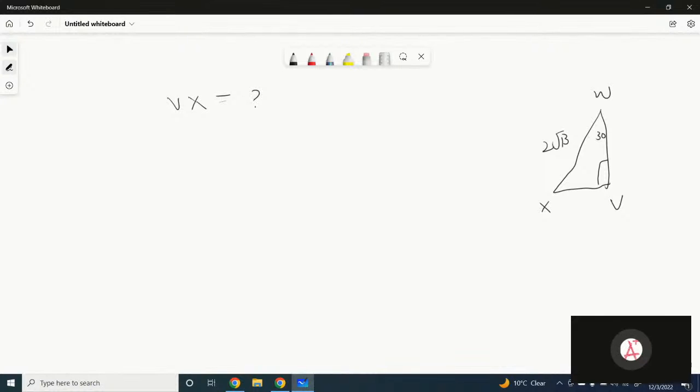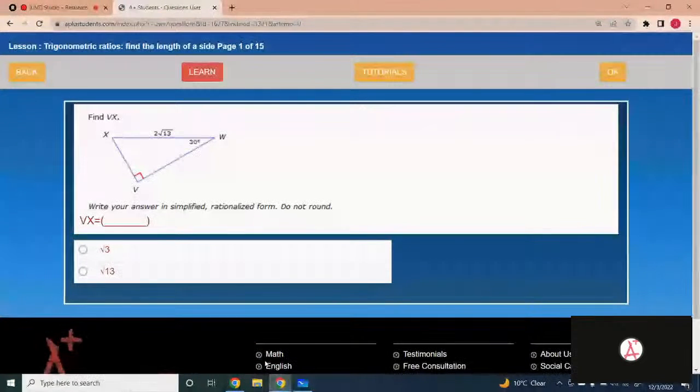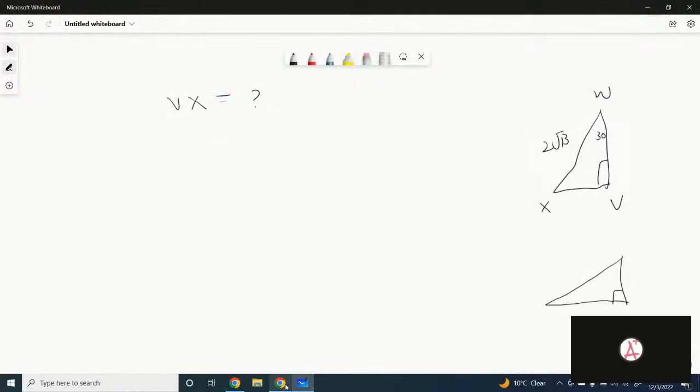Okay, let's start with the sine of 30 degrees. Let's make a special triangle. For the special triangle, here you have 30, then it would be 1 and 2, and square root 3.